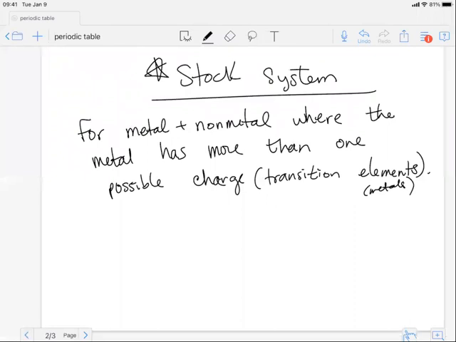So how this works, I'll just give you an example and I'll use manganese. So let's just do MnCl2. Same thing we did before: you look at the first element and determine the charge.